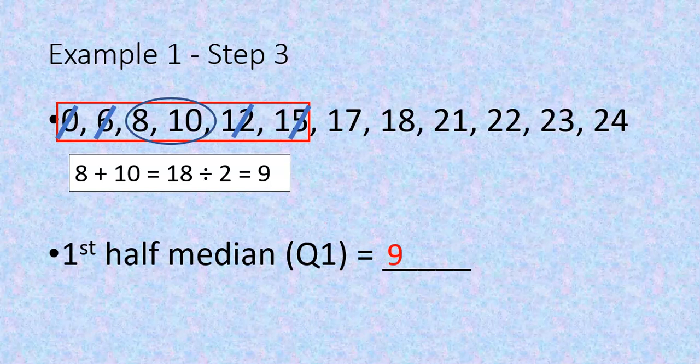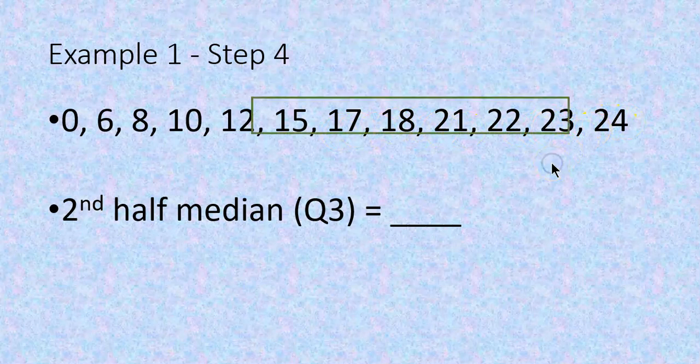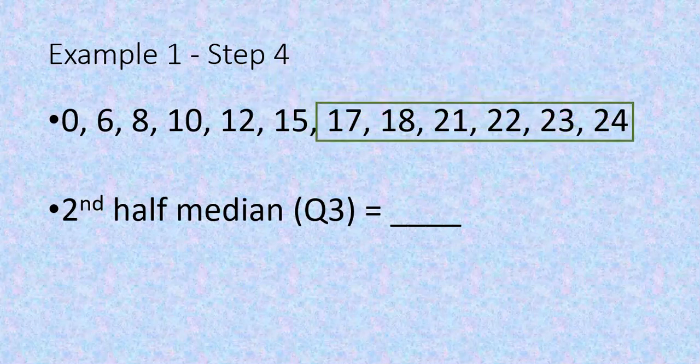All right, let's move on to step 4. We're going to find the third median. So we're only going to look at the second half of the data. So draw a box. And now you're going to start crossing off from either side till you get to the middle. And again, we have 2 numbers in the middle.